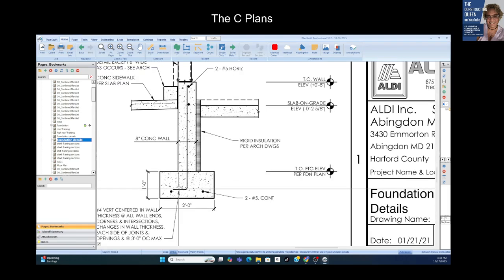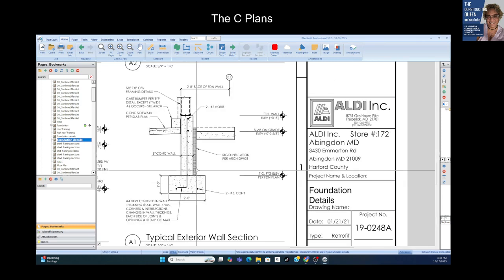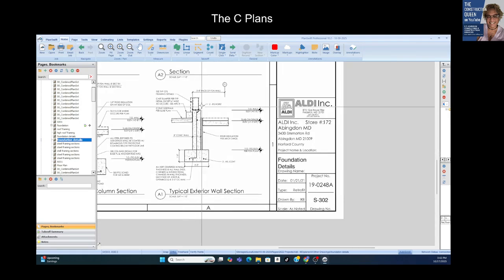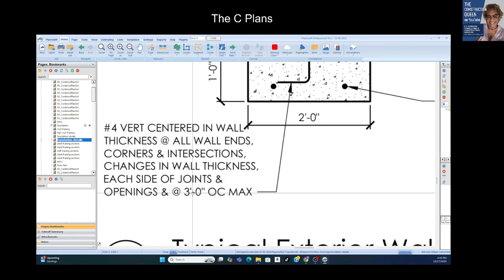For this one, we have to make it an L, but we have to determine the height of the L, right? How long is this piece? Well, it's to scale, so you really don't have to guess. You can measure. And we're going to put it every 3 feet on center max, right?